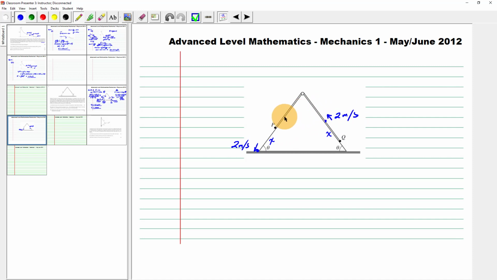It does not stretch. Now, as soon as P hits the ground, the string becomes slack, and the acceleration that Q had of 1.6 meters per second squared is now different because it's no longer attached to this string.